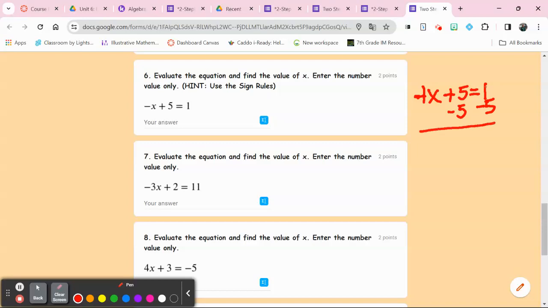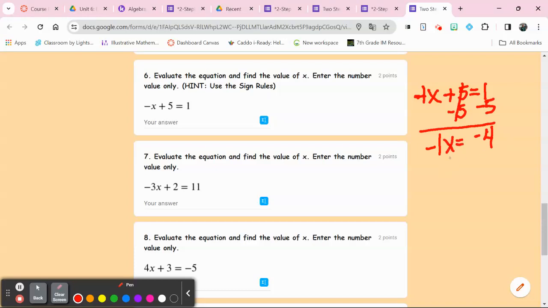When we do this, we have 1 plus negative 5. Remember, we always think of this as addition on this side with signs. We can't add, we have different signs, so we do 5 minus 1, which gives us 4. We have more negatives than positives, so that's a negative 4. That's 0, and we still have negative 1x.